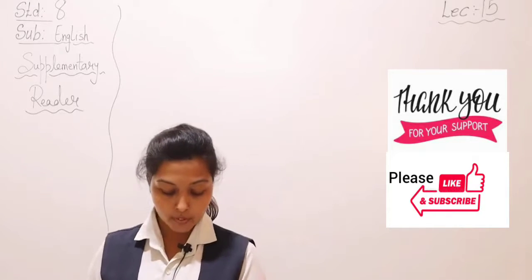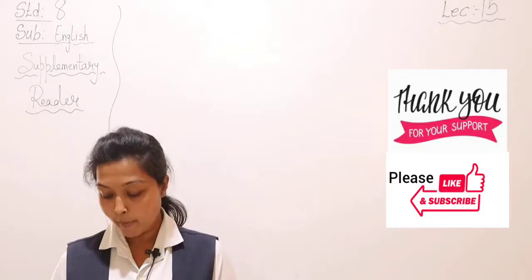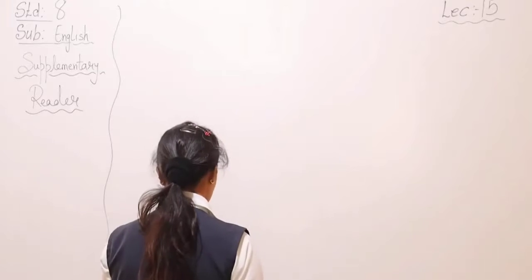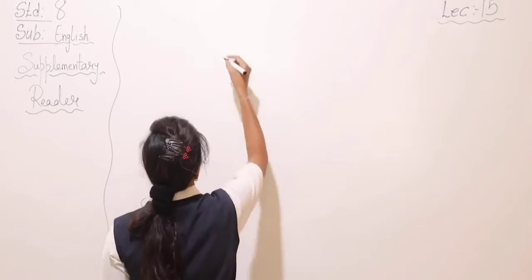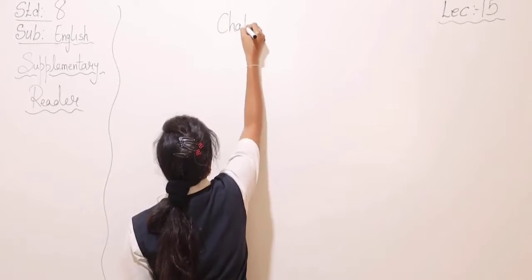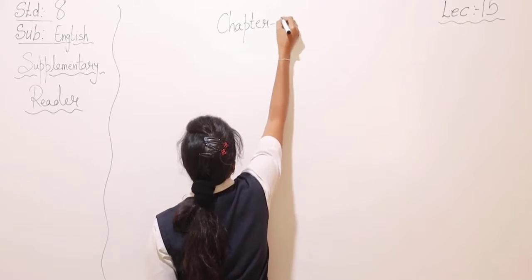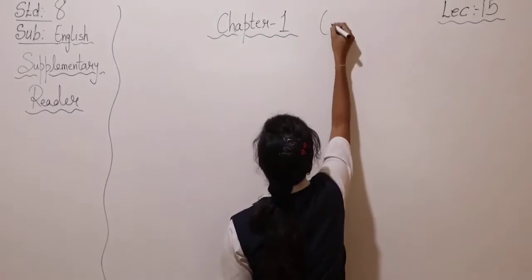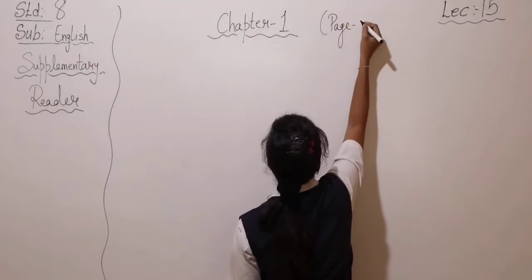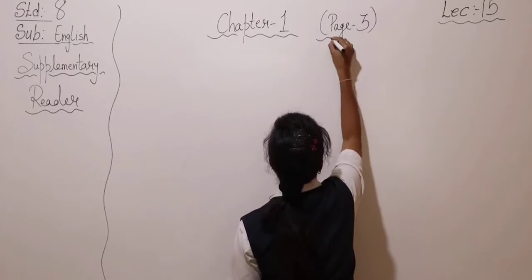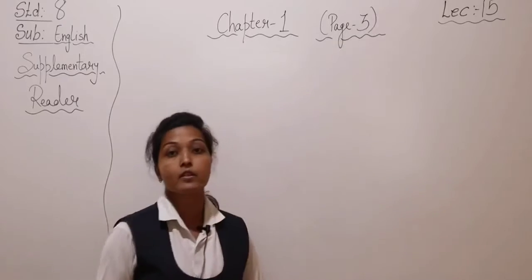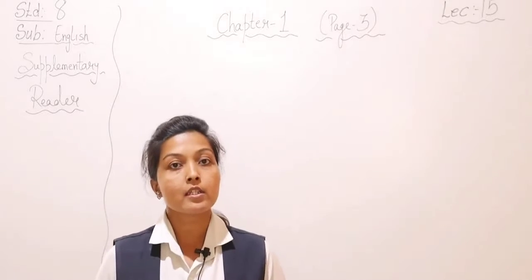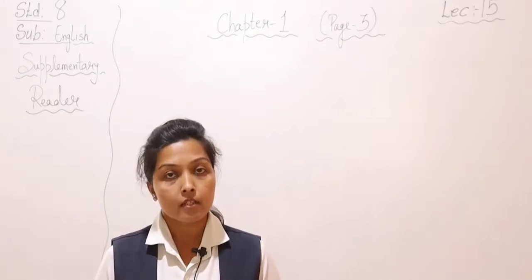In our book, page 3 has the heading. Then start writing, as we are doing chapter 1 from our supplementary reader. In page 3 comprehension check is given. I read out the question once and then I start writing the answer.